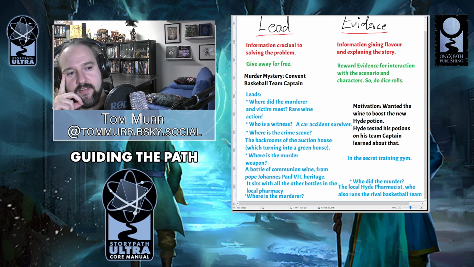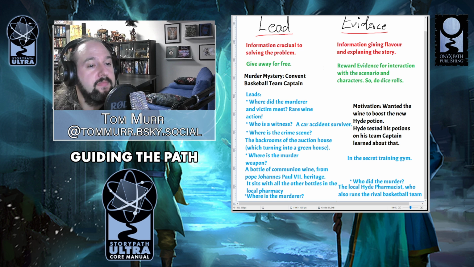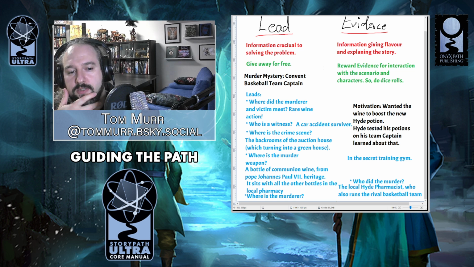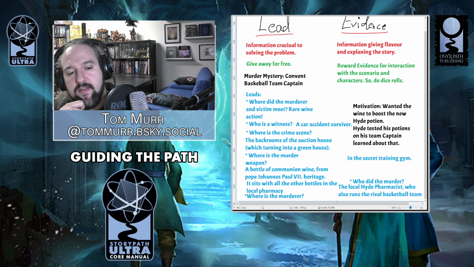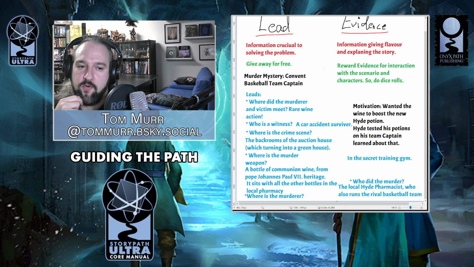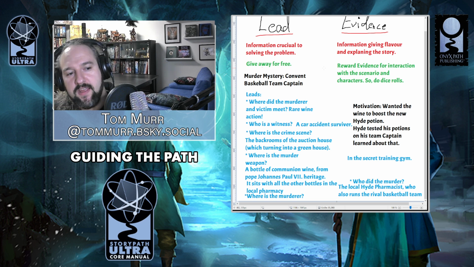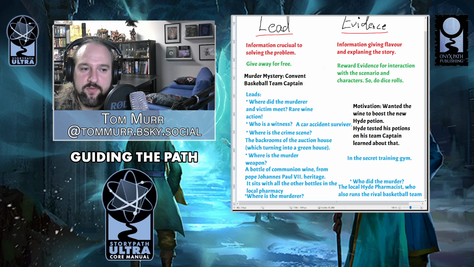The captain of the local Covens basketball team was brutally murdered. And we have a path that our investigators, our characters, can follow to find out who committed the murder. If they followed through these leads, they would finally find the culprit and can make a decision on what to do with them.